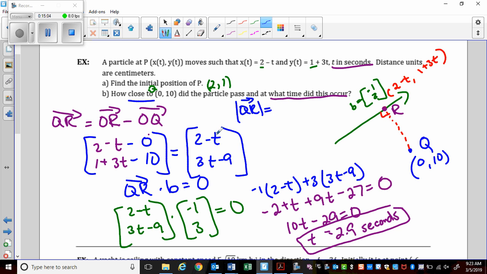So this is QR, the magnitude of 2 minus t, where t is 2.9, and 3 times 2.9 minus 9. The magnitude of this. Simplify it first.